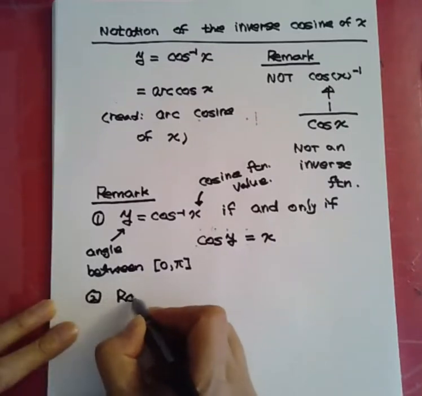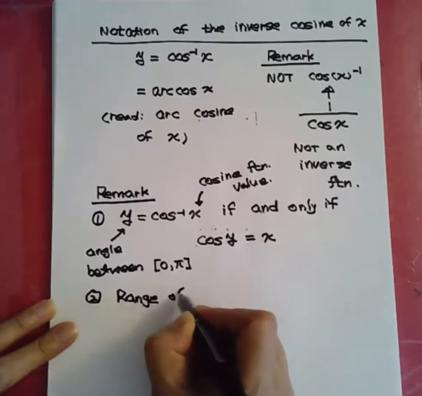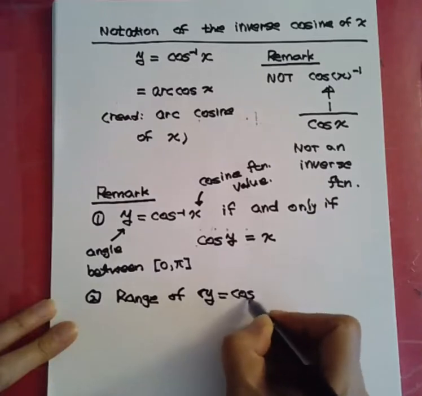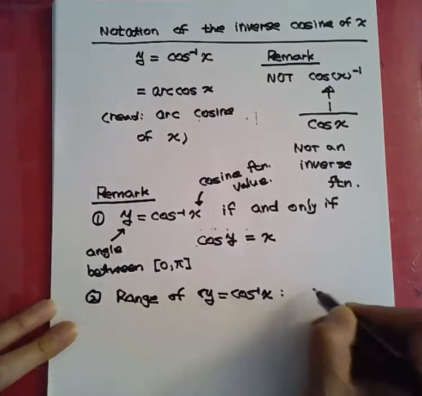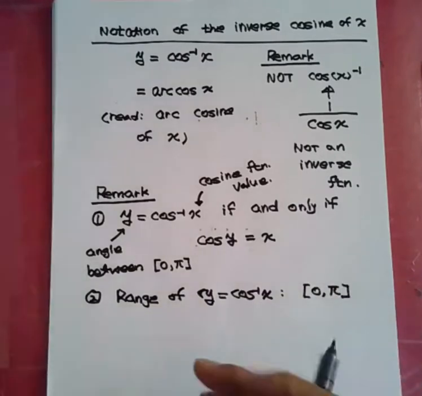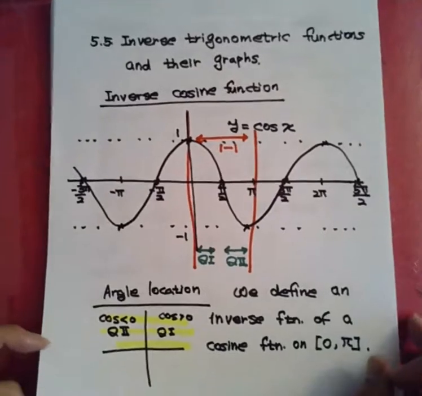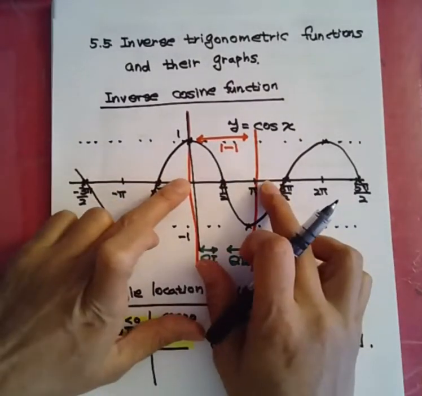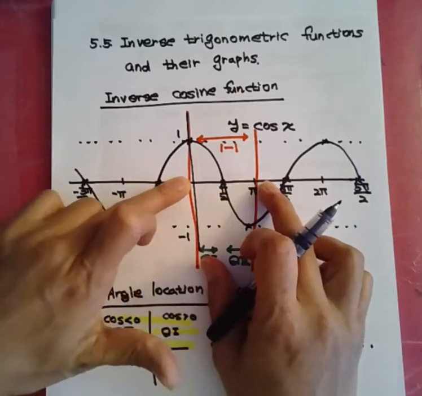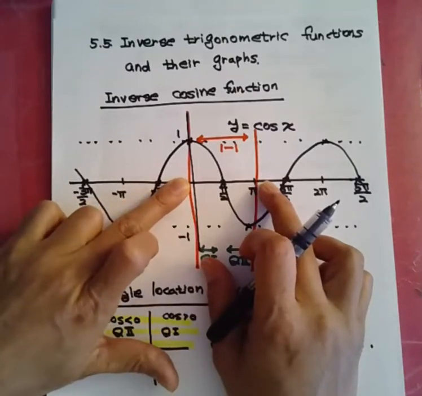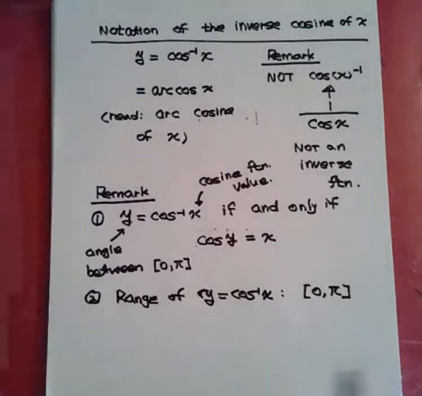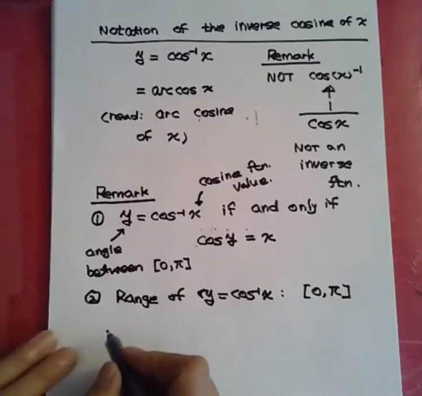The range of the cosine inverse function is from 0 to pi. In the original function, 0 to pi belongs to the domain, but in the inverse function, domain and range are switched. So 0 to pi becomes the range of inverse cosine.